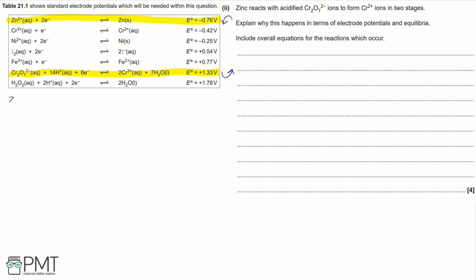So if we begin by writing the equations, we have zinc goes to zinc 2+ plus 2 electrons, and then Cr2O7 2- plus 14H+ plus 6 electrons go to 2 chromium 3+ plus 7 H2O.